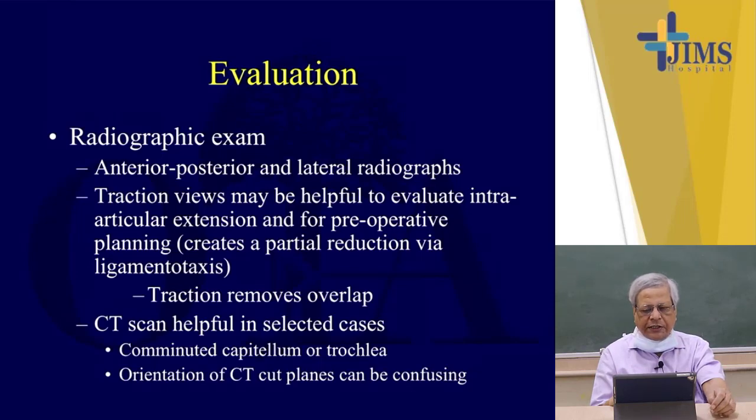In those cases, a traction radiograph, a mild amount of traction is applied to the wrist joint, then the X-ray is taken, then all the fragments can be better evaluated. Traction views may be helpful to evaluate intra-articular extension and for pre-operative planning. Traction removes overlap. In some selected cases, CT scan is helpful.